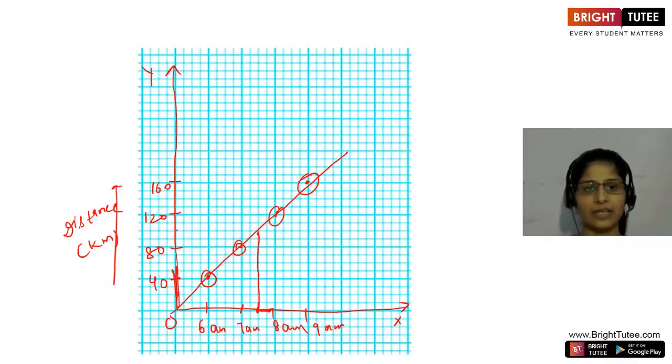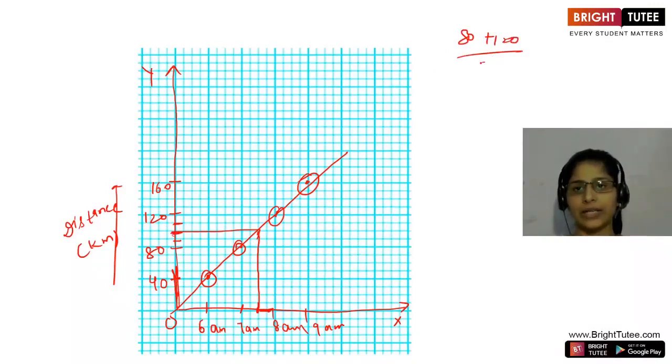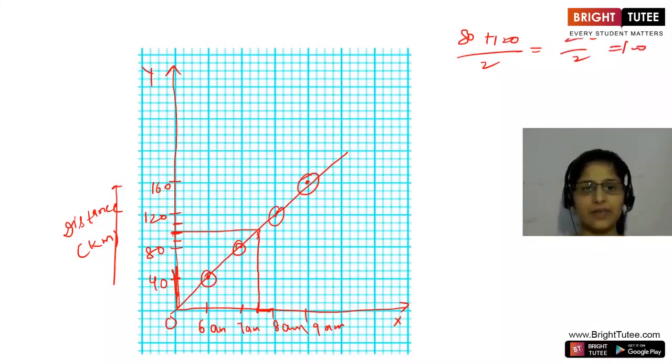At 7:30, the distance covered is, between 80 and 120, when you add them, 120 and 80, you get 200, divided by 2, so that is 100. So the distance covered is 100 at 7:30, and at 8, the distance covered is 120. So what is the distance covered? 20 kilometers distance is covered in that half an hour.